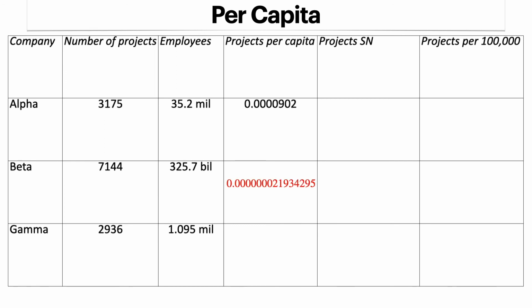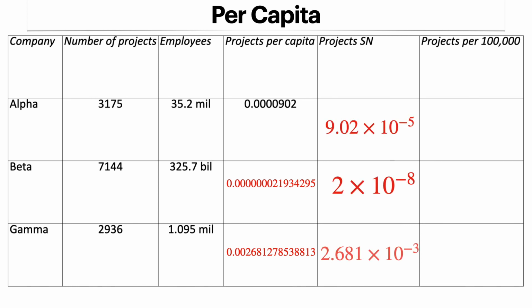The next thing is I'm dividing that 7,144 by 325.7 billion. So I get a very, very small answer, and that's going to happen with the next example. Notice the million written there, so that's really going to affect those zeros. We can rewrite these numbers in scientific notation, just as we see here.